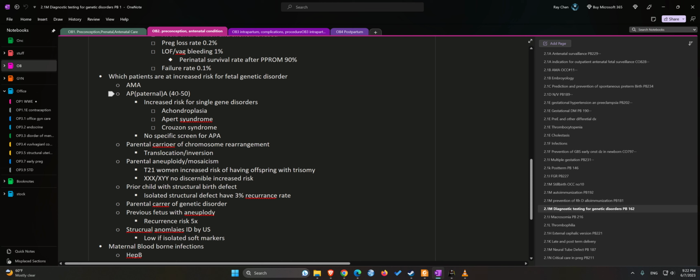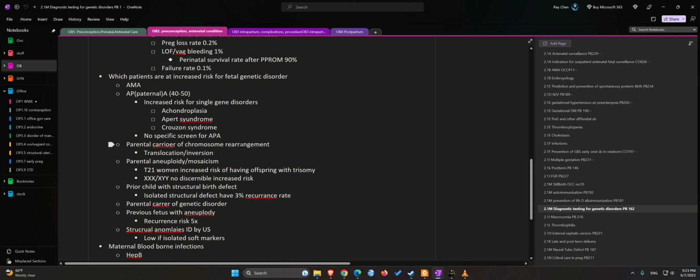Advanced paternal age is usually defined as 40 to 50. There's an increased risk for single gene disorders: achondroplasia, Alport syndrome, Crouzon syndrome. There's no specific screening for APA.